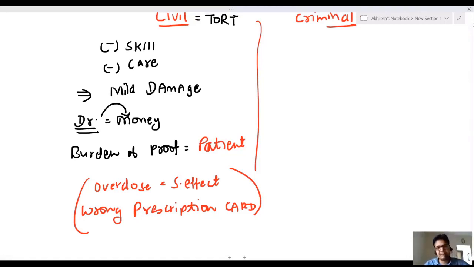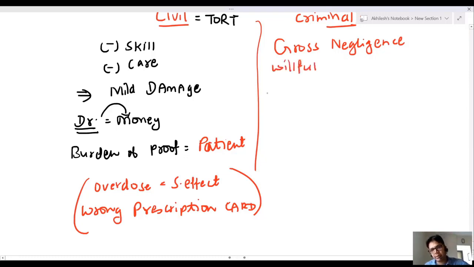What is criminal? Gross negligence, willful negligence, or lack of competency. You are not competent and you are doing it.